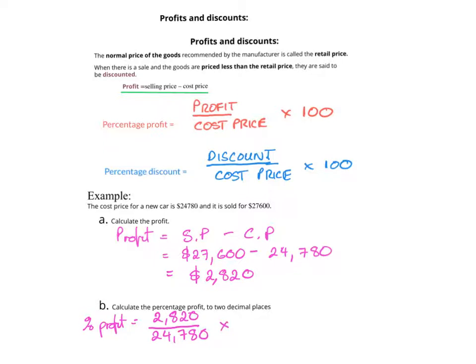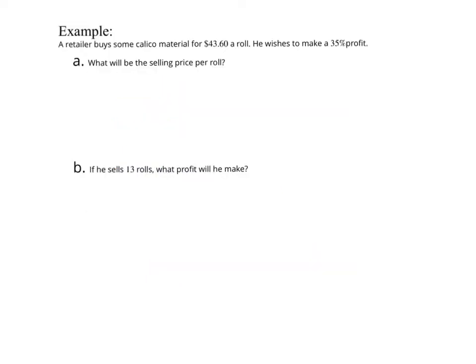So not the amount you sold it for. The cost price was the original price. When we put that into our calculator, we get 11.38%. Once it's two decimal places, so 11.38% profit.